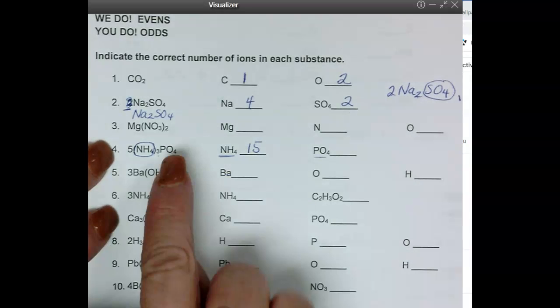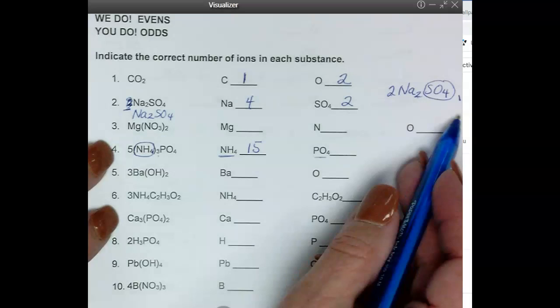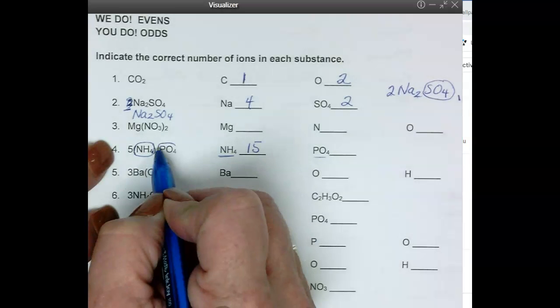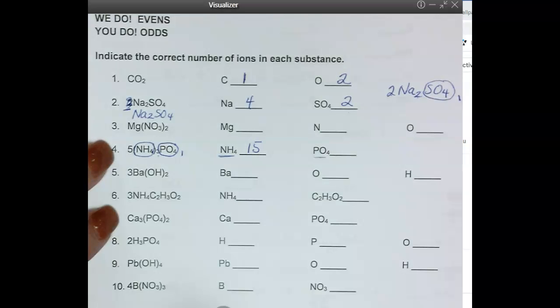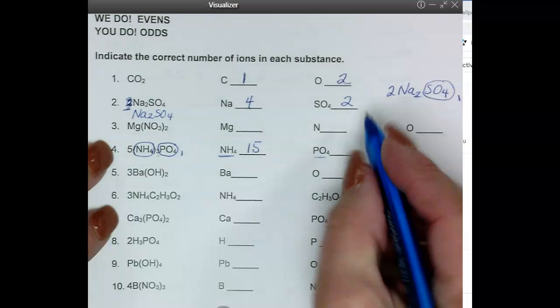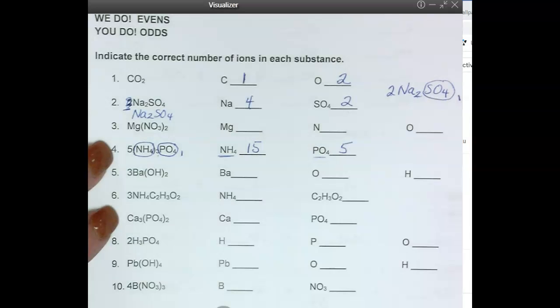Okay. My PO4, very similar to what I did up here, there's no parentheses, there's no subscript, so it's an understood 1. So 5 times 1 would be 5. So I would have 15 ammoniums and 5 phosphates here.